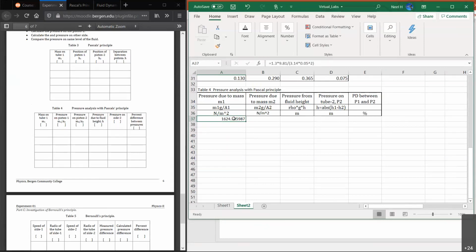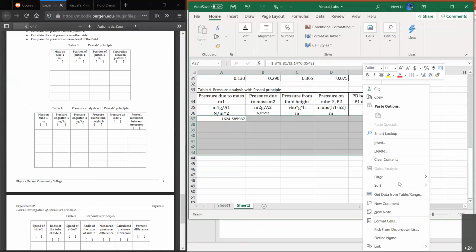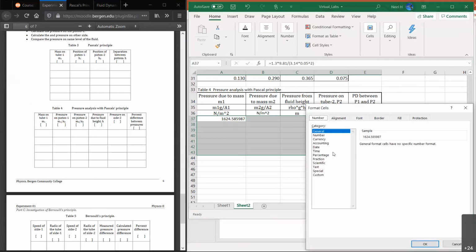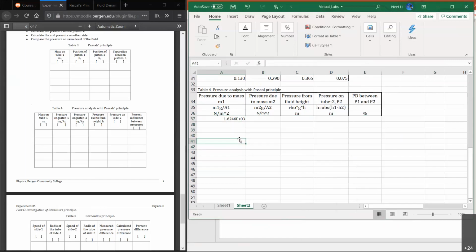Now, let's put these answers in scientific format. You can do this in scientific format cell, up to 4 significant figures. So let's do 4 significant figures. Okay, so I have the number in the right format now. The unit should be on top, with all the information there.